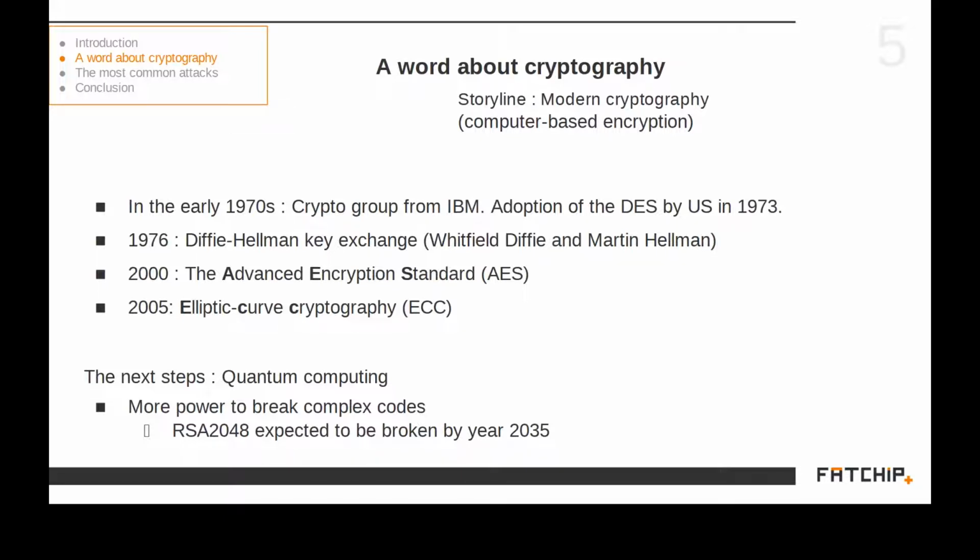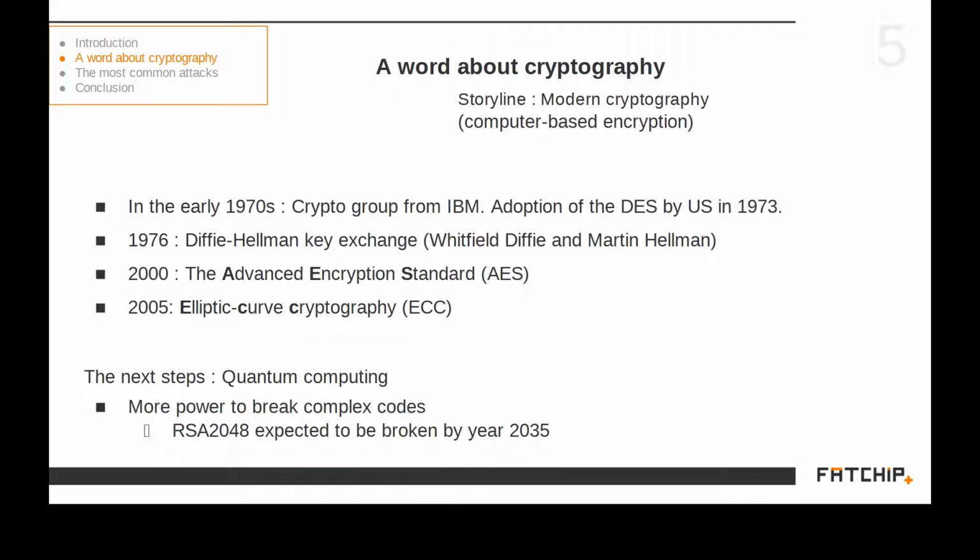And the other way around, if you want to ensure that the message comes from a certain person, that person can sign with his private key, and then anybody with the public key can decipher the signature and make sure that it comes from the person that has the private key associated to this public key. Those are two very common usages of keys.